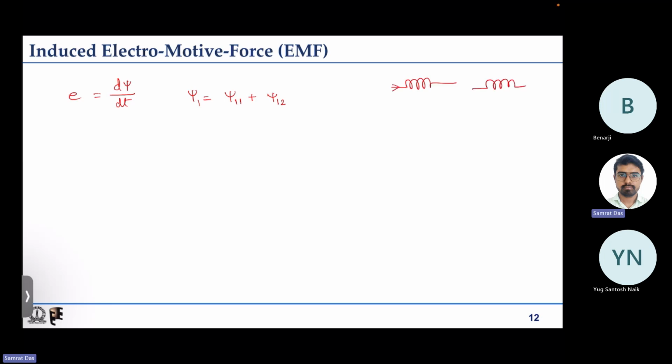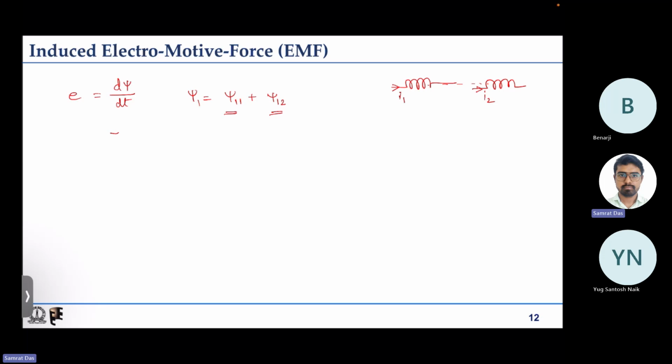The flux linking coil 1 could be due to its own current, or due to the other coil's current. So this is the flux linkage due to its own coil, and this is the mutual flux linkage due to coil 2. Here I am discussing only a case for two coils.